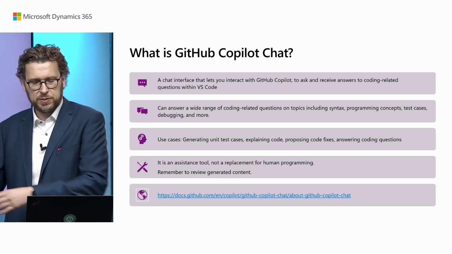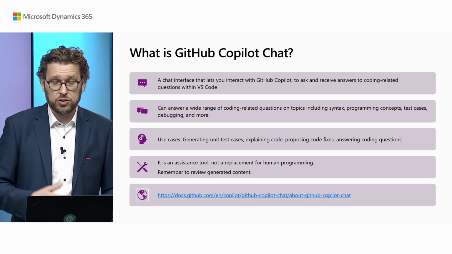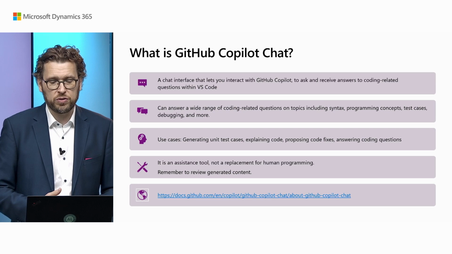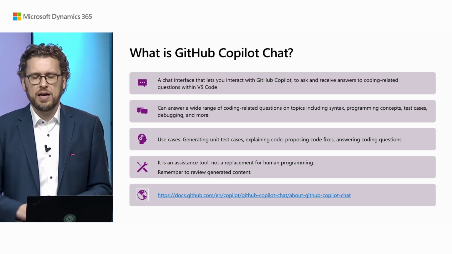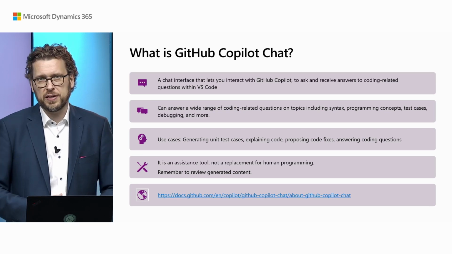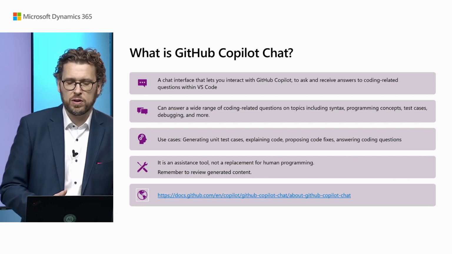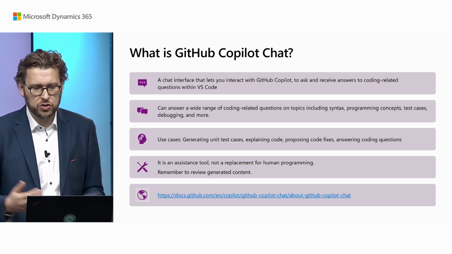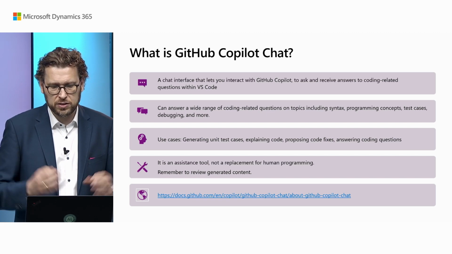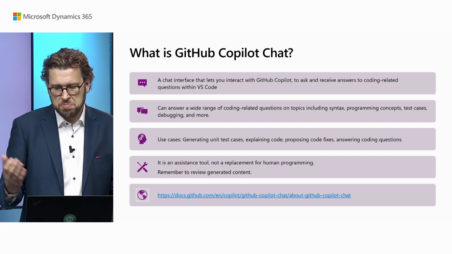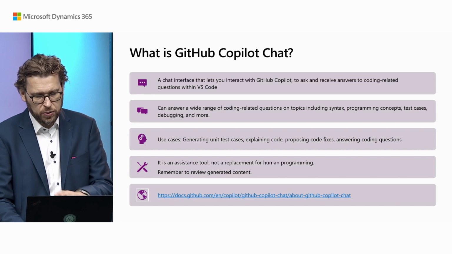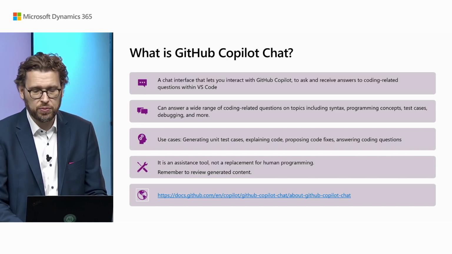It's not a replacement for human programming. So remember to review the generated content, especially for AL, because the training material is based on open source code, and for AL, that's fairly limited. The results there really vary. But it's just super interesting to try out. Give us feedback on it. I put in a link here about how to start and pricing, etc.